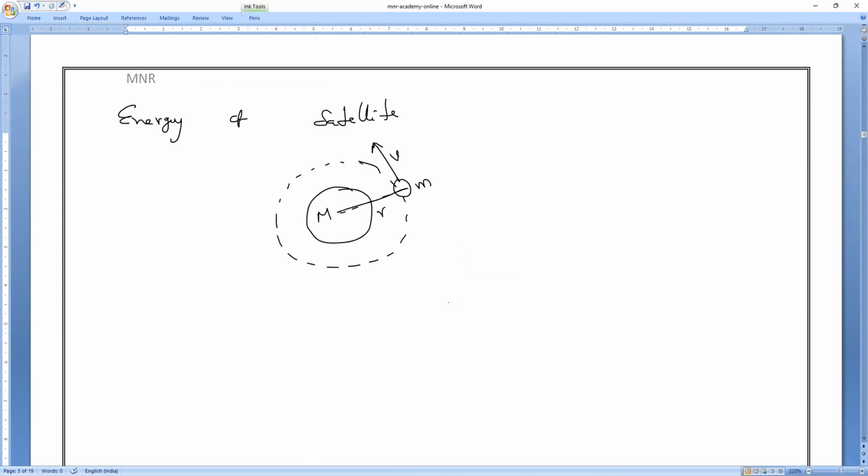Now, what is the kinetic energy of this body? We want the energy of a satellite. If the body is moving in a particular orbit, it will possess, at every point, kinetic energy as well as potential energy. What is the kinetic energy of the body of mass m? Half m v squared. Am I right, guys? Yes or no?